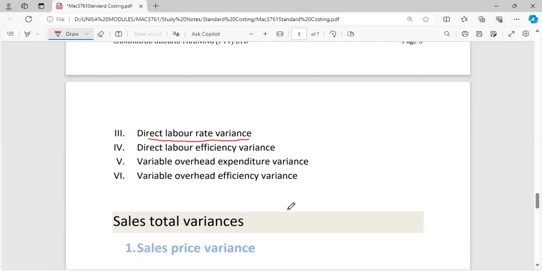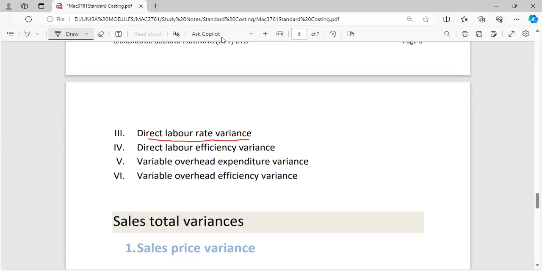So the last two is the variable overhead expenditure variance. Let's look at that one.